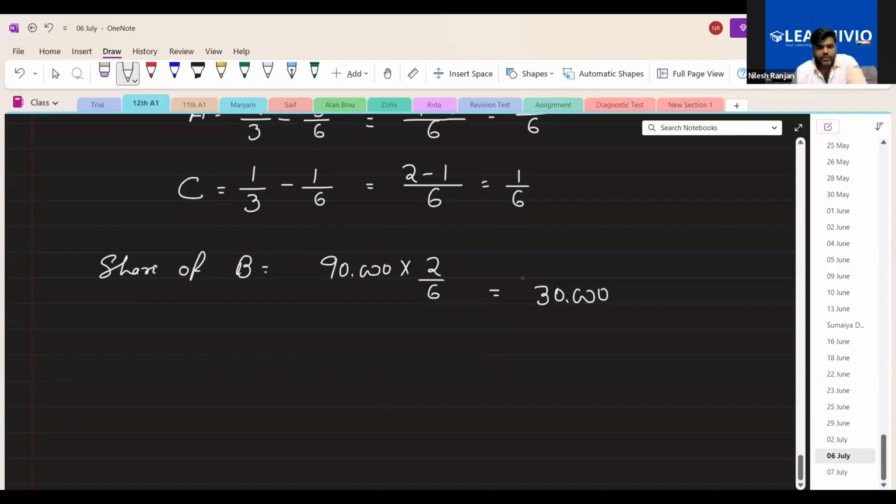Now the share of B we have calculated, and they are gaining in equal ratio. You can say the gaining ratio is 1:1.